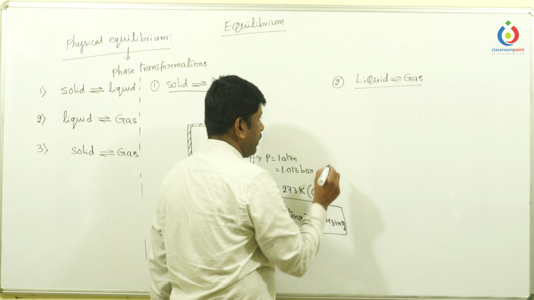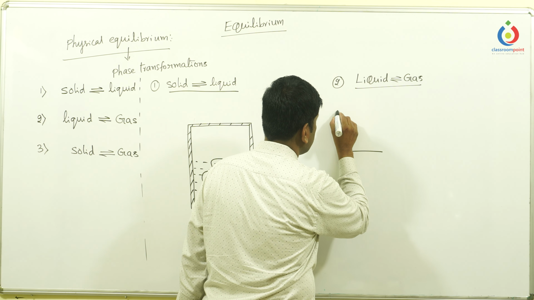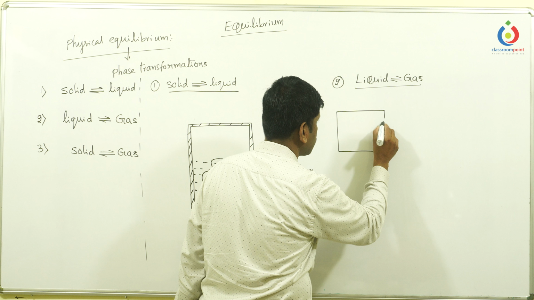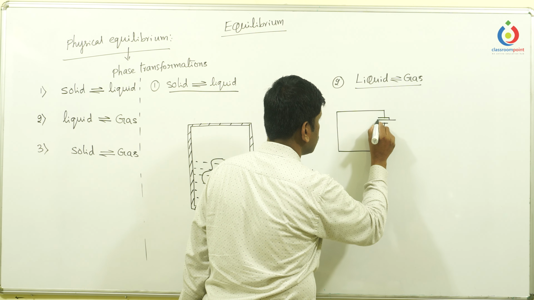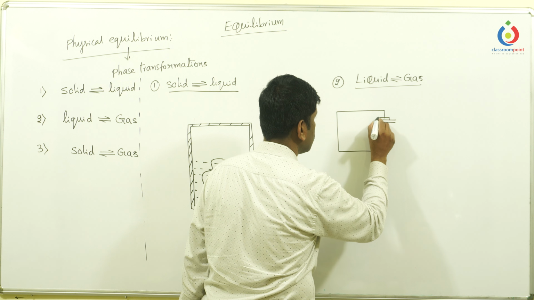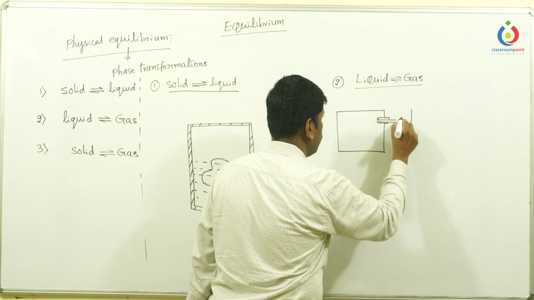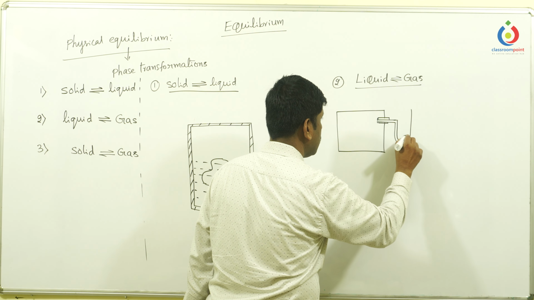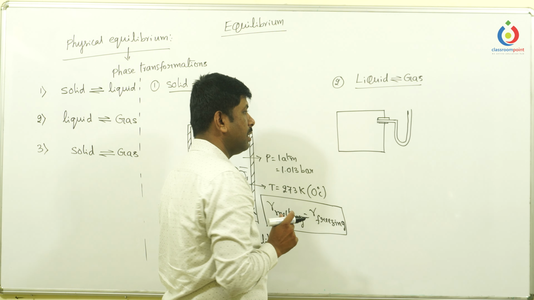To observe this type of equilibrium, let us take a beaker, which is connected to the manometer, which is useful in measuring the pressure.